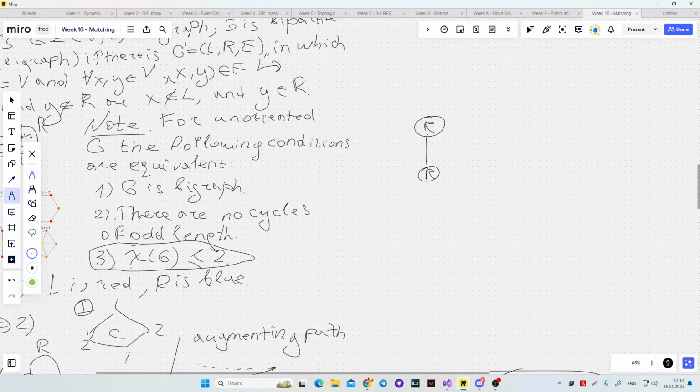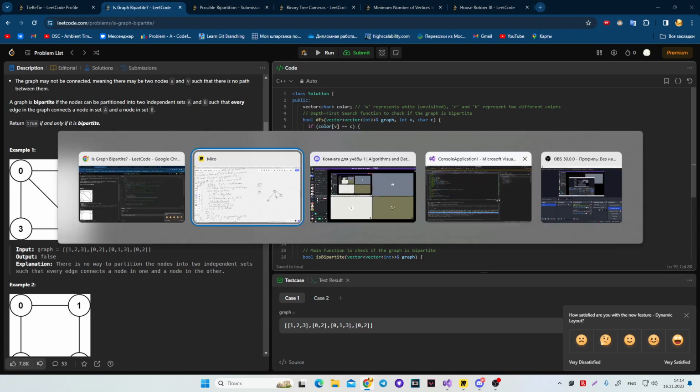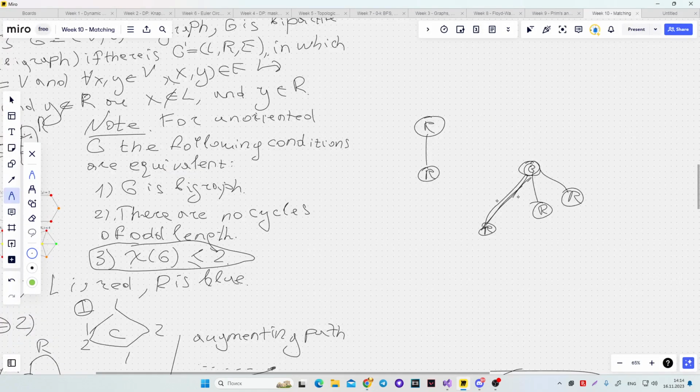So after we find all those paths, we consider the current vertex, and we consider that we find some paths that we can paint both red and blue.